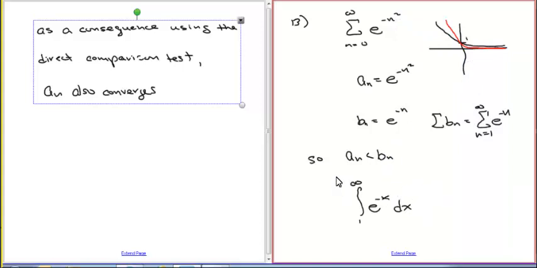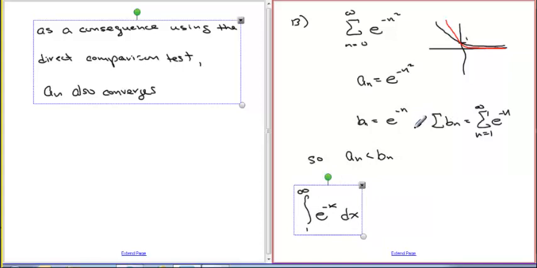So we always have to use another test to evaluate the b sub n series, and then use the direct comparison test to make the second conclusion. So what we have here is the limit as b goes to infinity of the integral from 1 to b of e to the minus x dx.